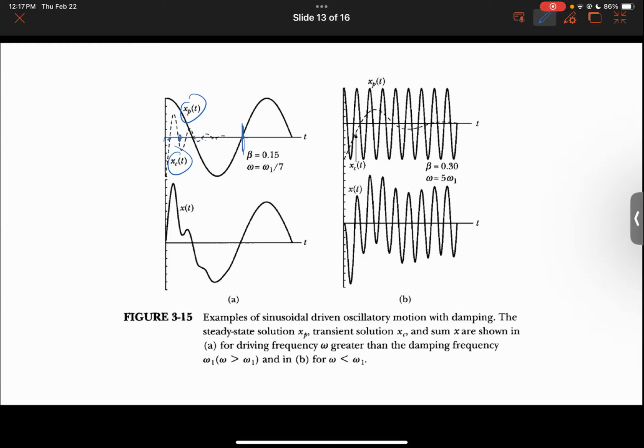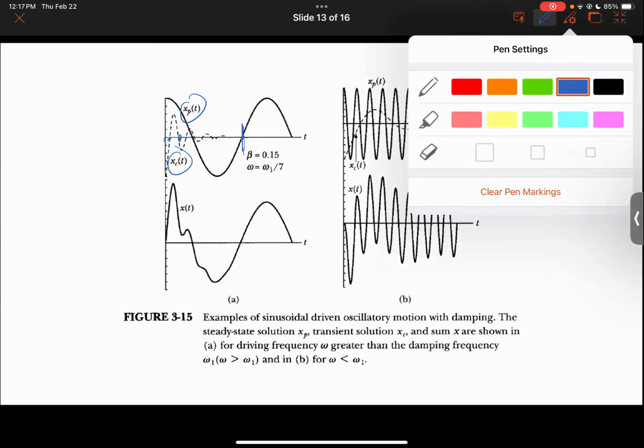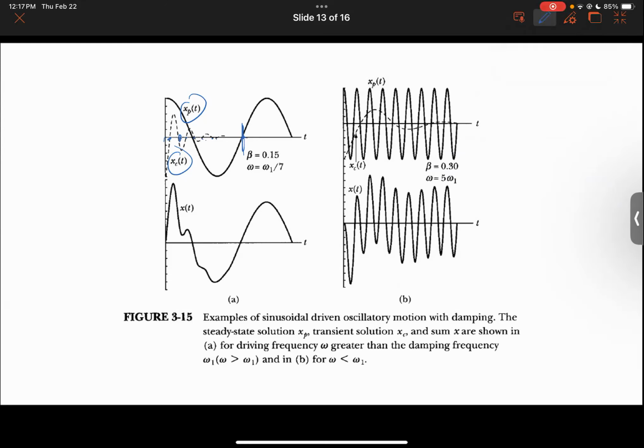So every 7 cycles of this, you have one of those. This is what happens, and of course, if you add both of them, this will be the behavior. So it is a bit erratic at the start, because the transient only has an effect at the beginning. At this time, the transient effects have died down, and this will just be a continuous sinusoidal function.